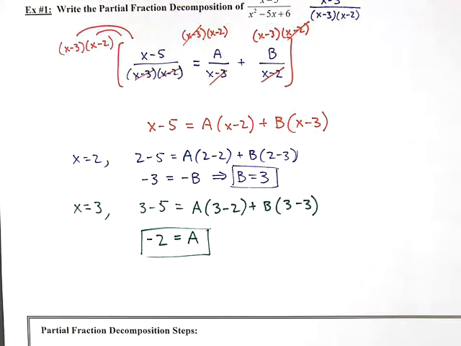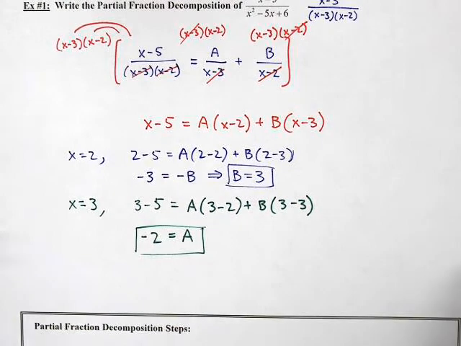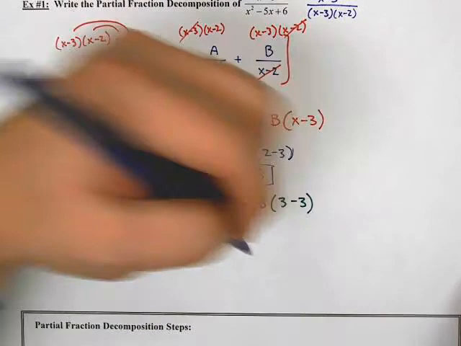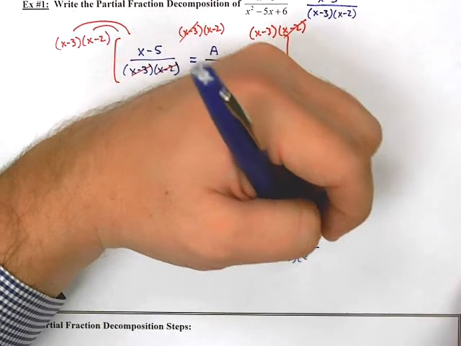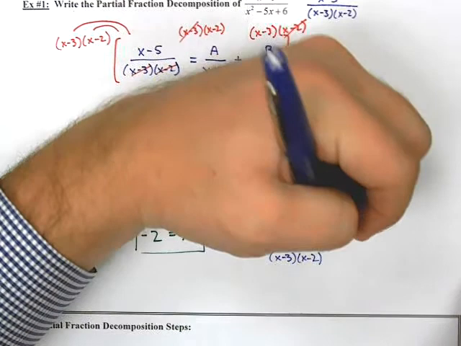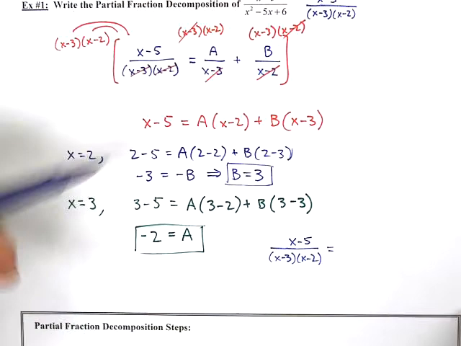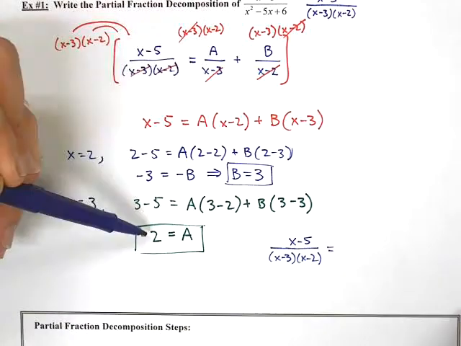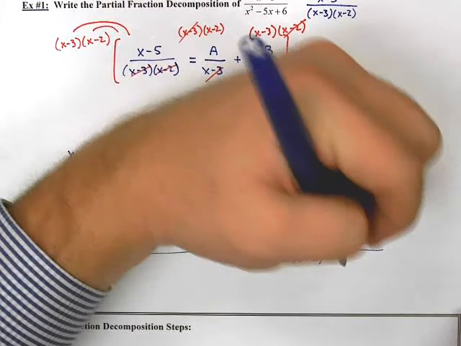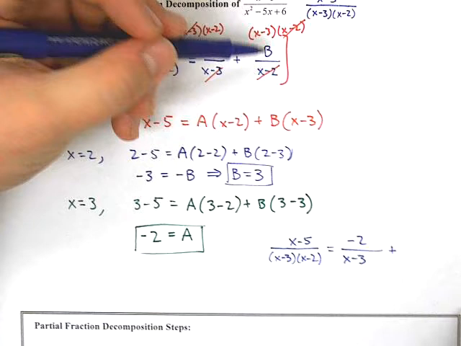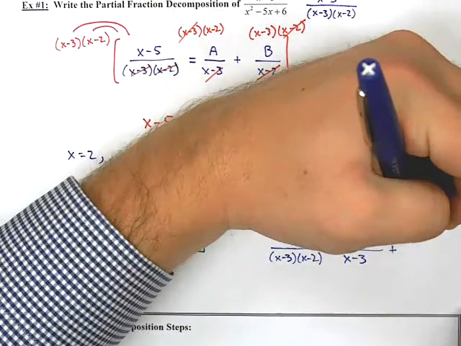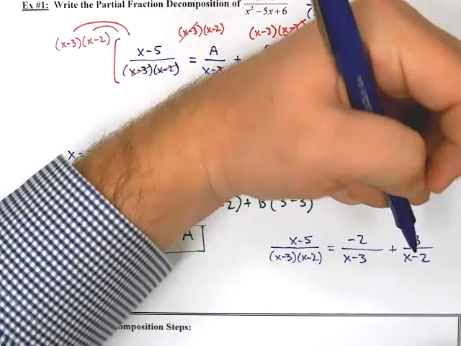So now that we have our a and our b values, we're ready to write out the completely decomposed fraction. I'm going to rewrite the original, x minus 5 over x minus 3 times x minus 2, and this is going to equal a over x minus 3, or negative 2 over x minus 3, plus b over x minus 2, or 3 over x minus 2.